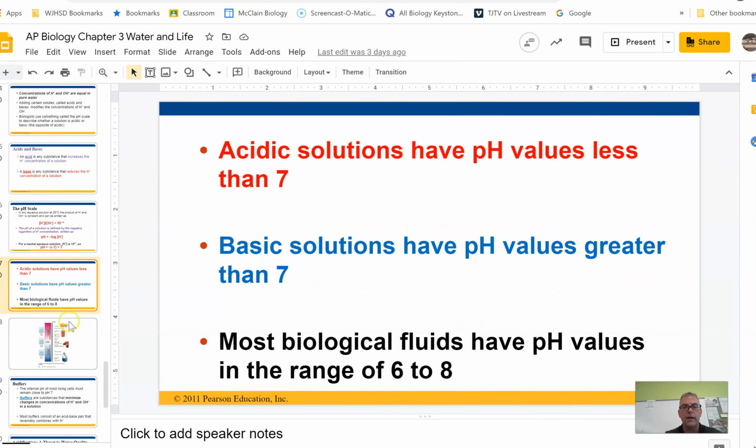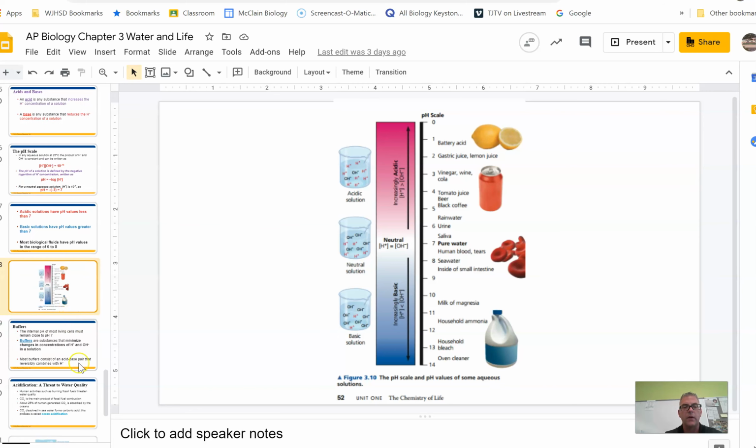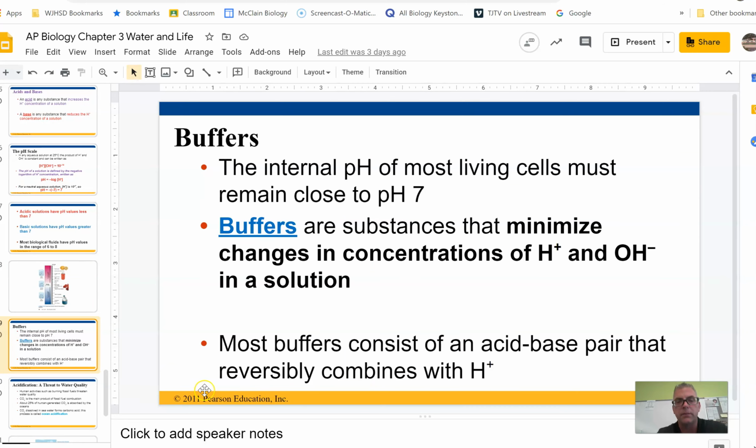As we take a look at this and wrap this up, the last point that we want to make is that we can't have these massive fluctuations in pH within living organisms. pH should be pretty close to 7. We'll talk about some specifics in class, but there are absolutely critical needs for buffers.